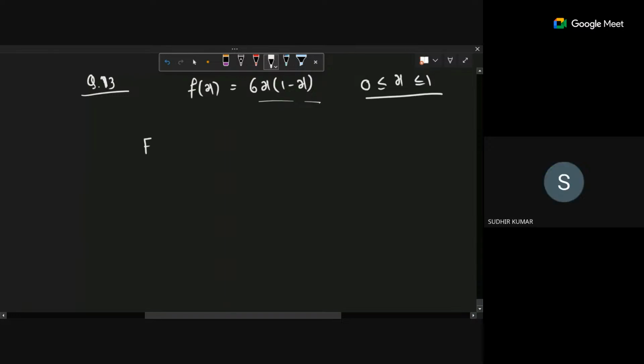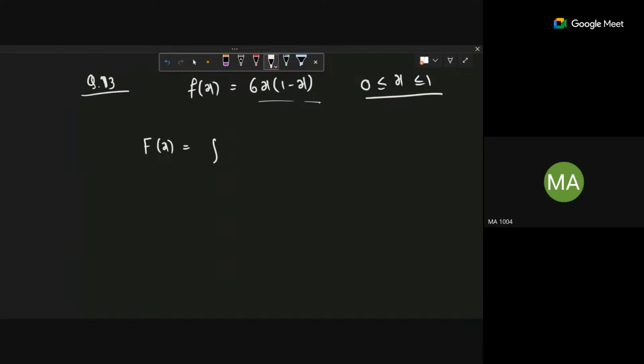Minus infinity to infinity will also lead your sum to be 1 only, since minus infinity to infinity will cover 0 to 1 only, right? Yes.